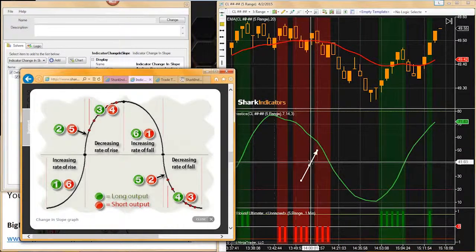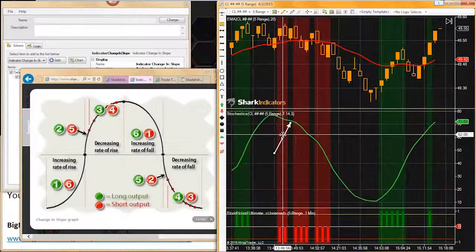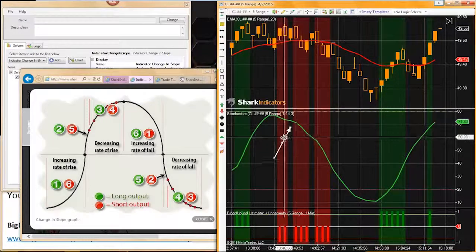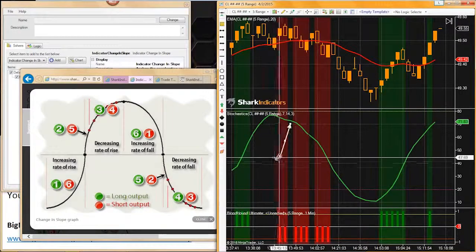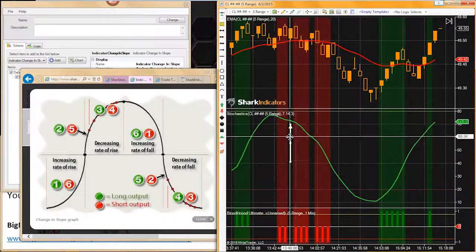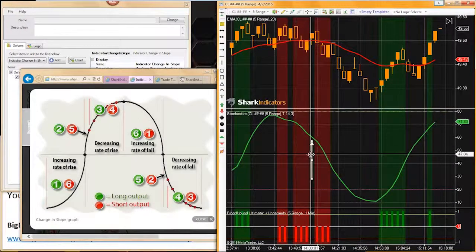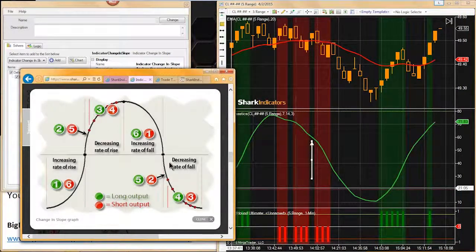If we also wanted to see a short output in these areas where the stochastic is beginning to flatten out, like right there and right there, that would be output number 2 and output number 3. So this is where the change in slope solver gets a little unique.